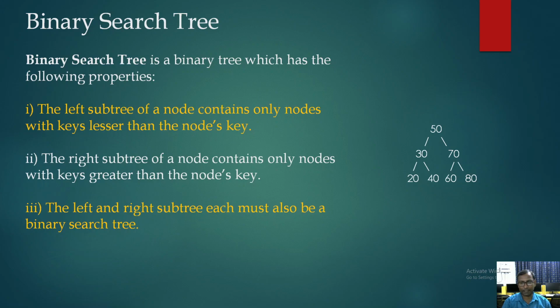Similarly, the right subtree of 50 is headed by the root node 70, and 60 is less than 70, so 60 is in the left subtree, and 80 is greater than 70, so 80 is the right subtree of 70. So this is the third property, that the left subtree and the right subtree of a binary search tree are also binary search trees. This is recursive in nature.